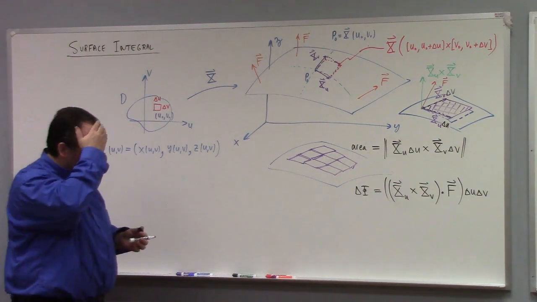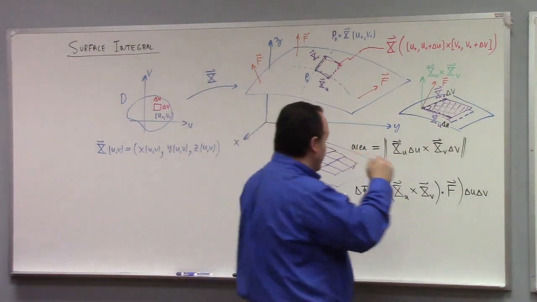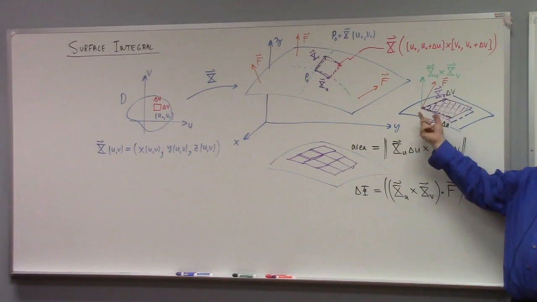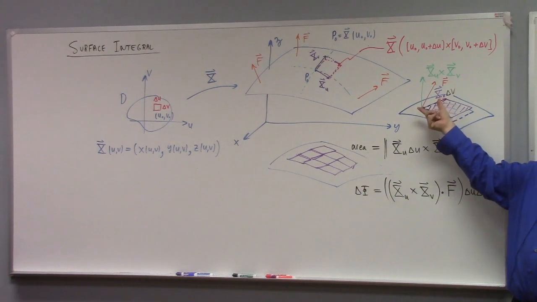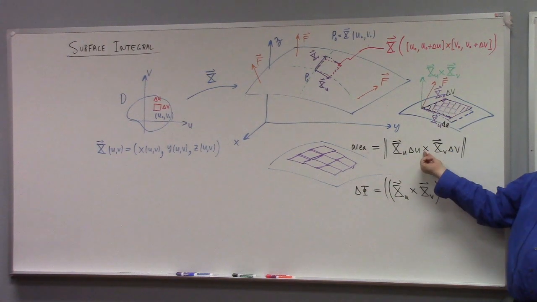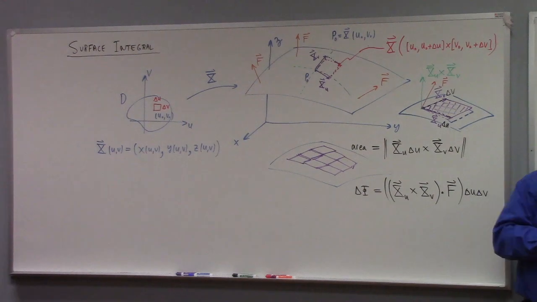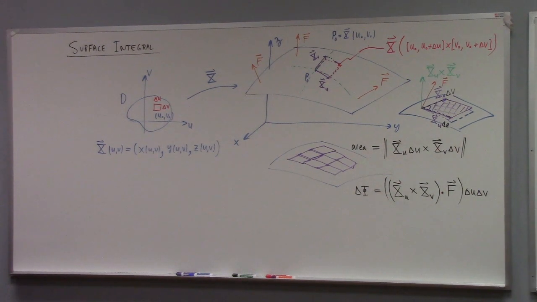This is like the length of this and the length of that. But taking the cross product accounts for the fact that they might not be perpendicular. It takes the magnitude of the lengths of the two sides times the sine of the angle between them, which gives you the area of the parallelogram.